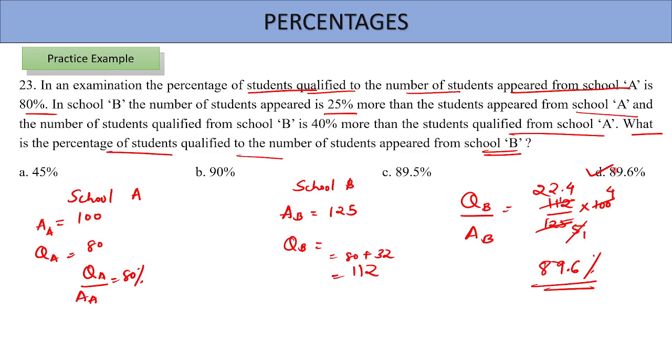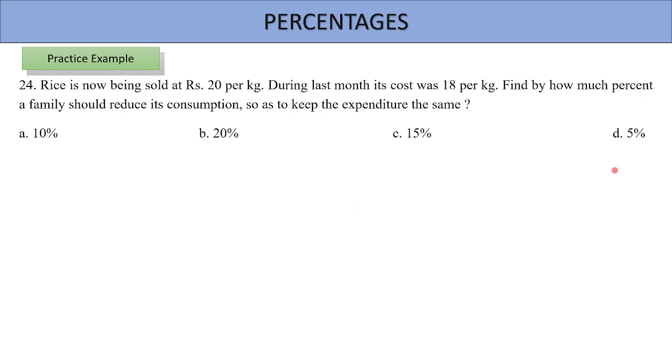Question 24. Rice is being sold at 20 per kg. So the price is 20 per kg. During last month, its cost was 18 per kg.